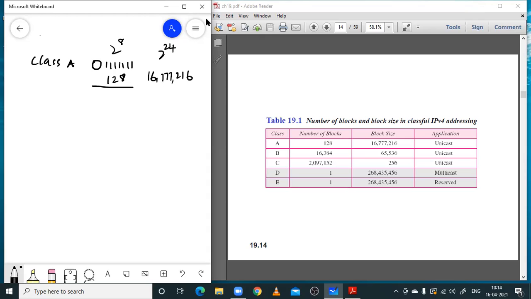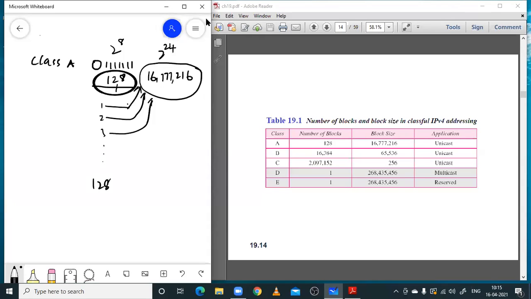So these many host IDs are available for each network of this 128. Let us say this is 1, 2, 3, 4 up to 128. For each network, how many host IDs are there? These many host IDs are there.